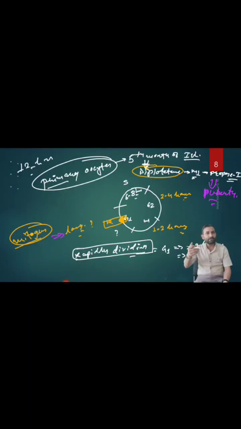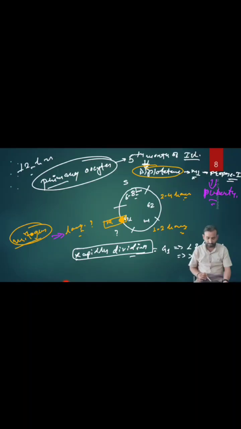The female menstrual cycle begins from puberty and goes up to 45 to 50 years. So turn-wise, this month one completes the meiosis, next month another will complete, the next month another will complete.